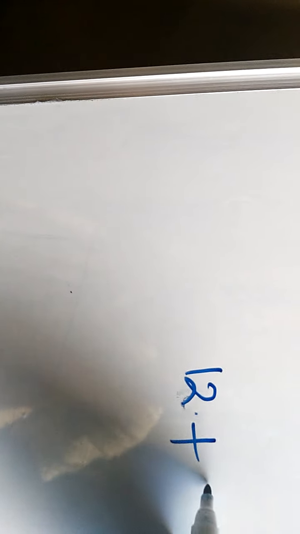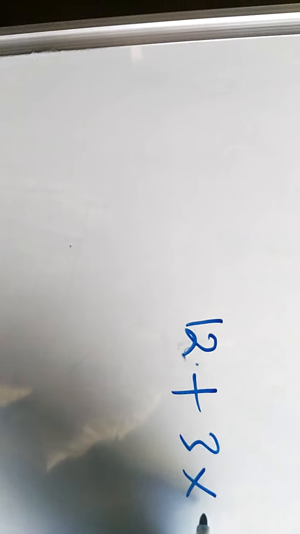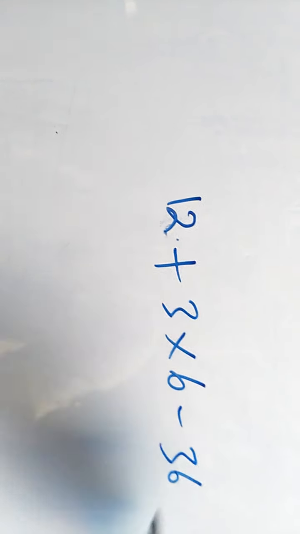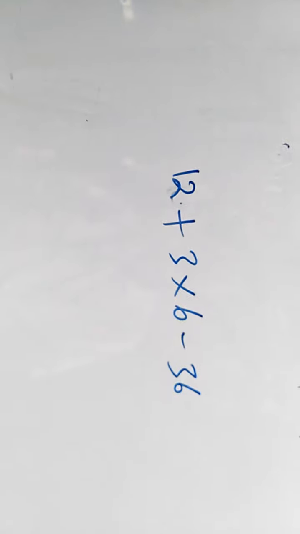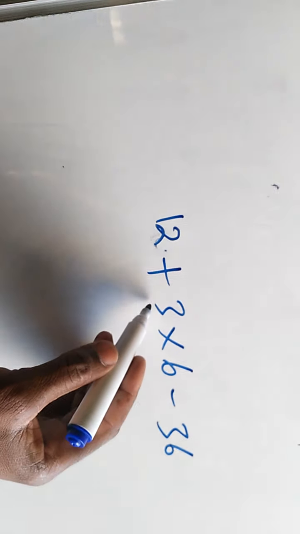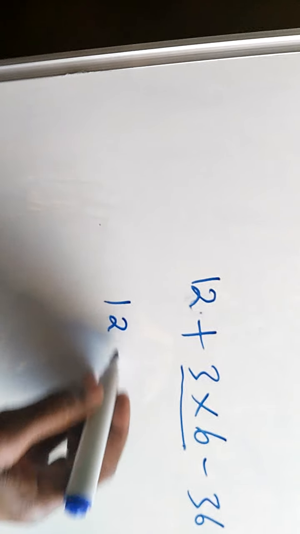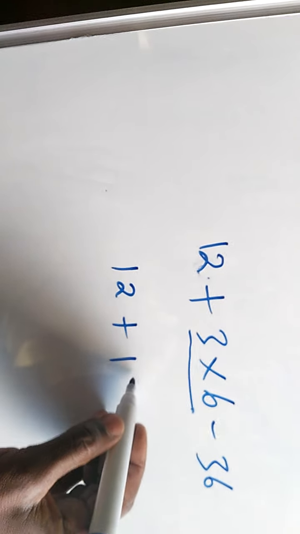Another one. There is a bit of testing you on BODMAS here. This is 12. This is 12 added to 3. Here there is a multiplication going on. Where there is 36. So always take this multiplication, take that as one number, and then we'll say 2 added to 18.